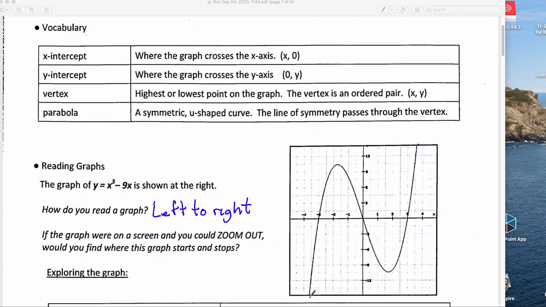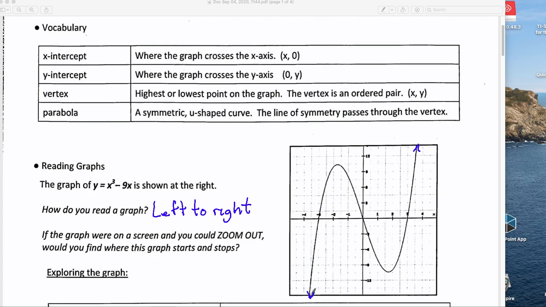If I made this grid bigger, right now it's 5 by 5 and 12, if I made it 1,000 by 1,000, this graph would still be here. Because if it comes to an end where the grid is, it means that this graph has arrows on the end. And it actually goes to infinity.